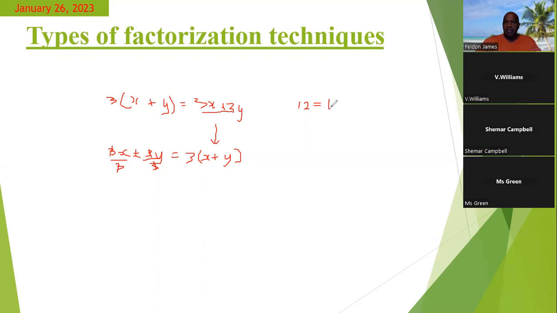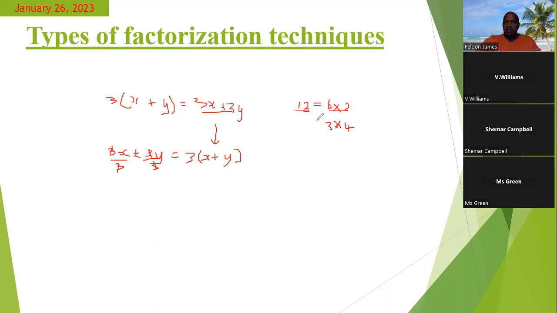Well, it can be 6 times 2. It can be 3 times 4, etc. These here are factors of 12, but we write them in such a form that when you multiply them, you get back the product. 6 times 2 is 12.